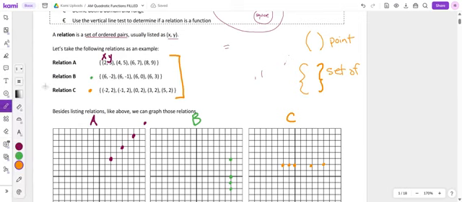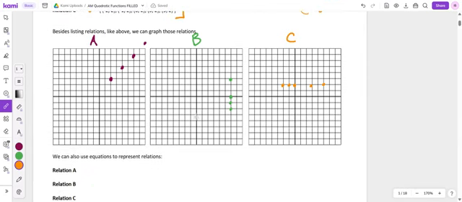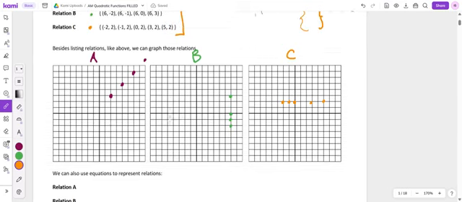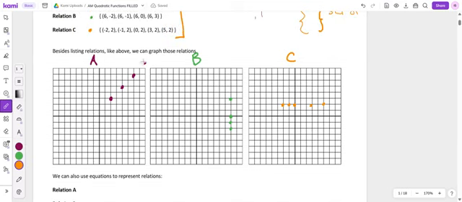So the first way we're seeing a relation being expressed is in set notation, where we're just listing the points. Another way is we can plot the points, and a third way is we could write the relations as an equation. Okay, so let's connect these points to see what the equation of that line would be.